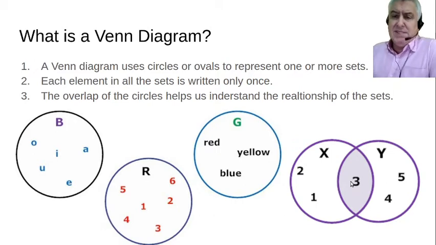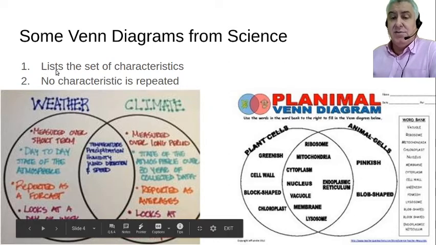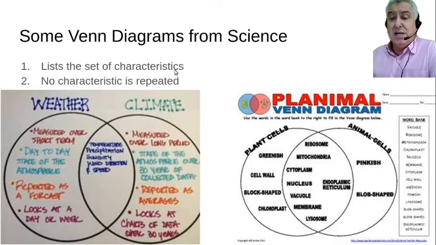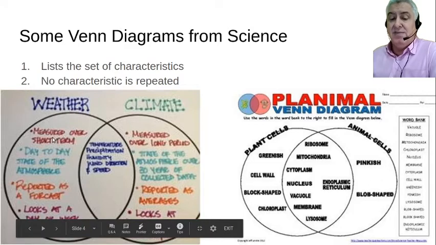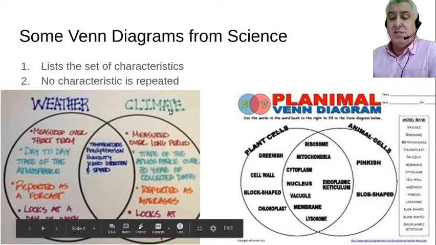And you've probably seen Venn diagrams before. You've seen them from science, I'm pretty sure. Generally in science, you're listing the set of characteristics of a couple of things, and you're trying to compare them. And again, no characteristic is repeated. You may not have thought of these as sets, but they are. So this circle is the set of characteristics for weather, and this circle is the set of characteristics of climate.